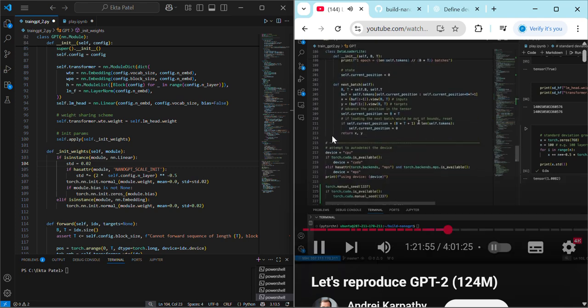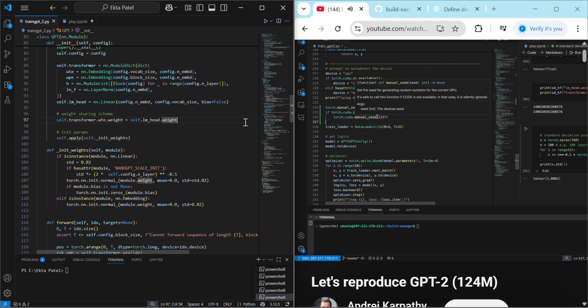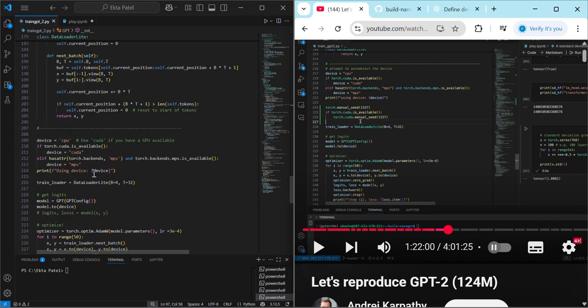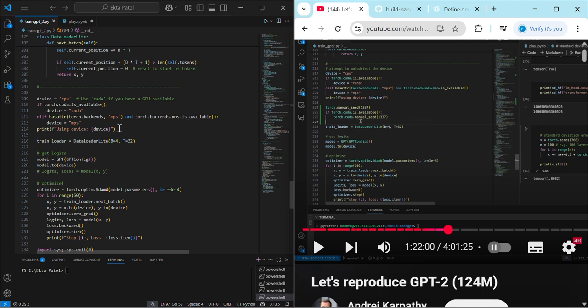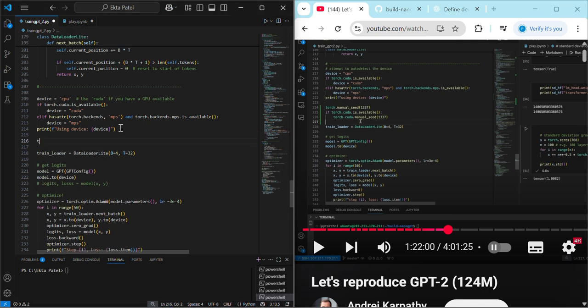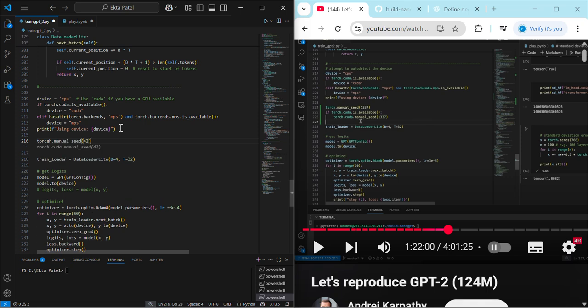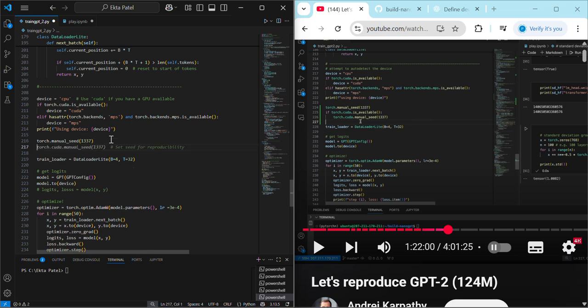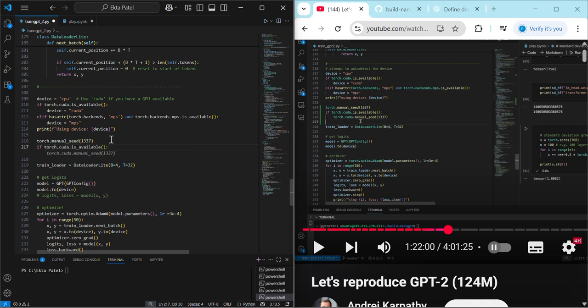And then scrolling over here, I added some code here so that we have reproducibility, to set the seeds.